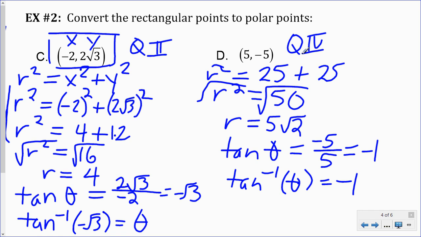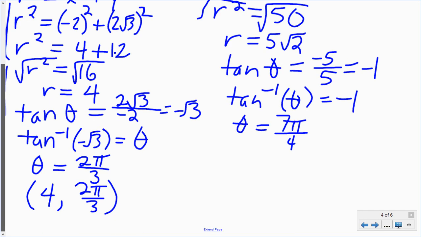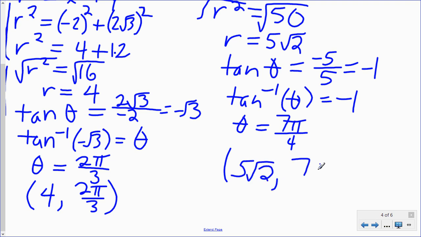So the angle in quadrant 4 where tangent equals negative 1 is 7 pi over 4. Alright, so my polar coordinates are 5 square root of 2, which is r, comma 7 pi over 4.